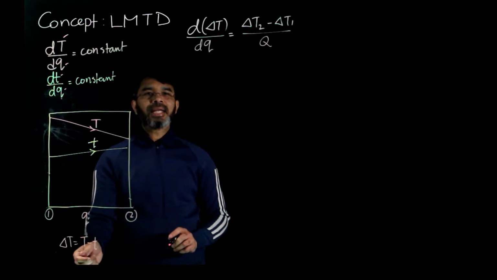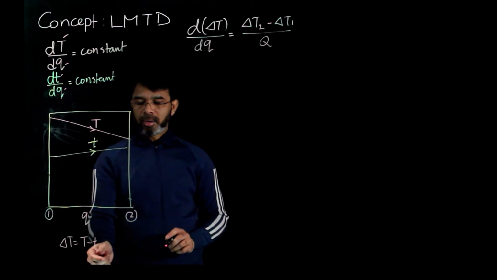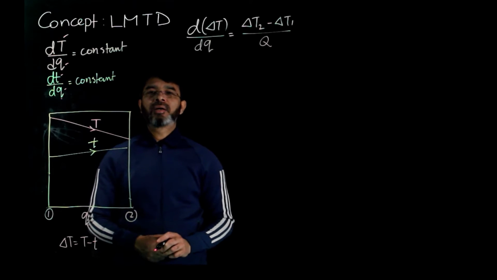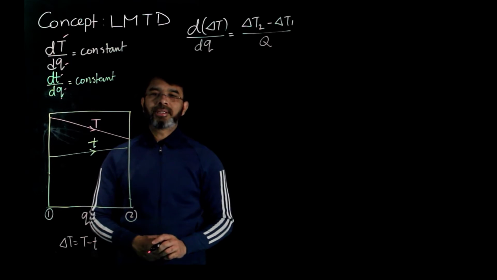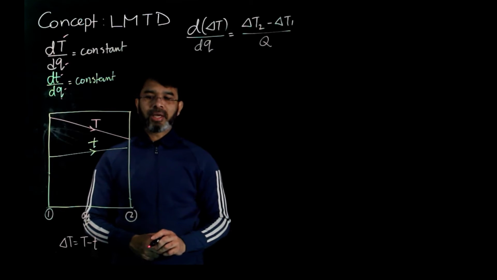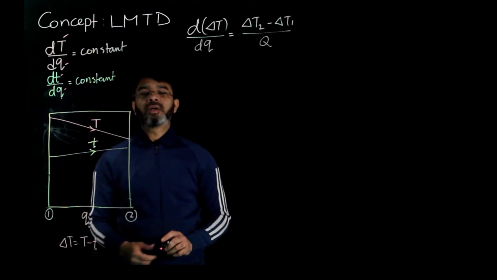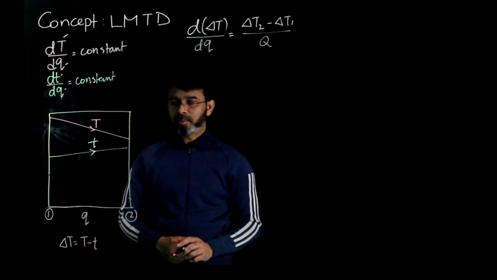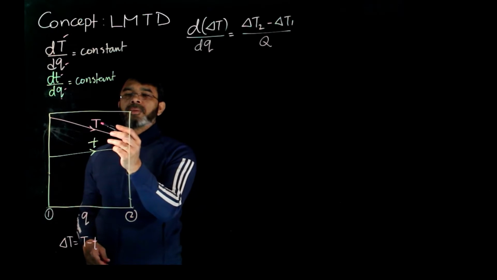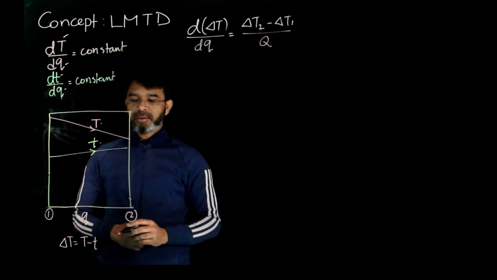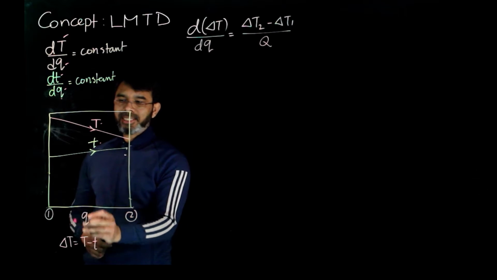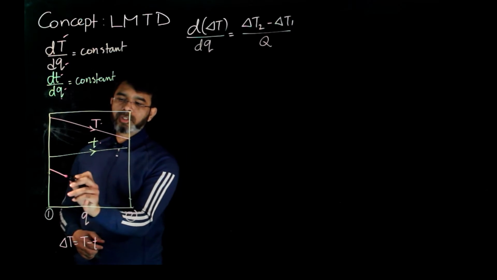So if capital T is a linear function of q, and also small t, the temperature of the cold fluid, is also a linear function of q, then it makes sense delta T will also be a linear function of Q.